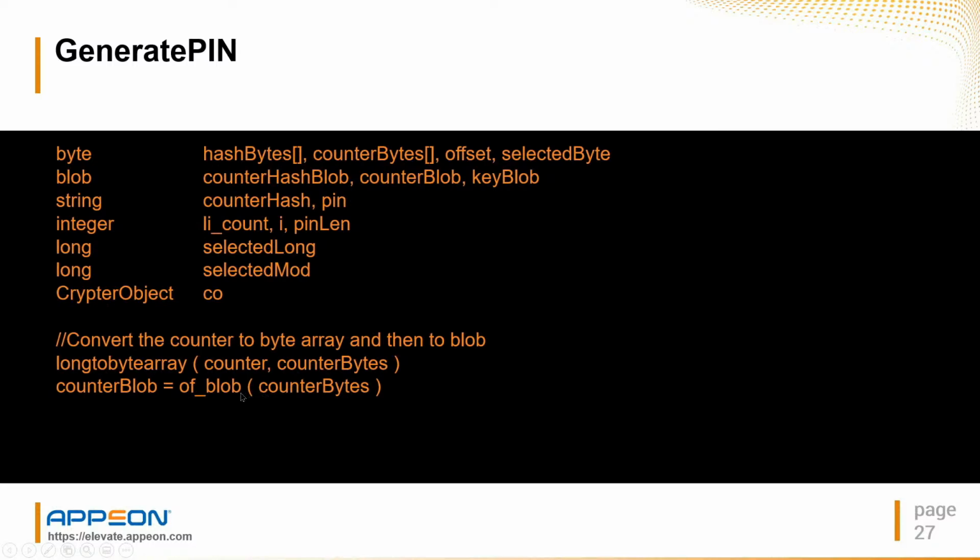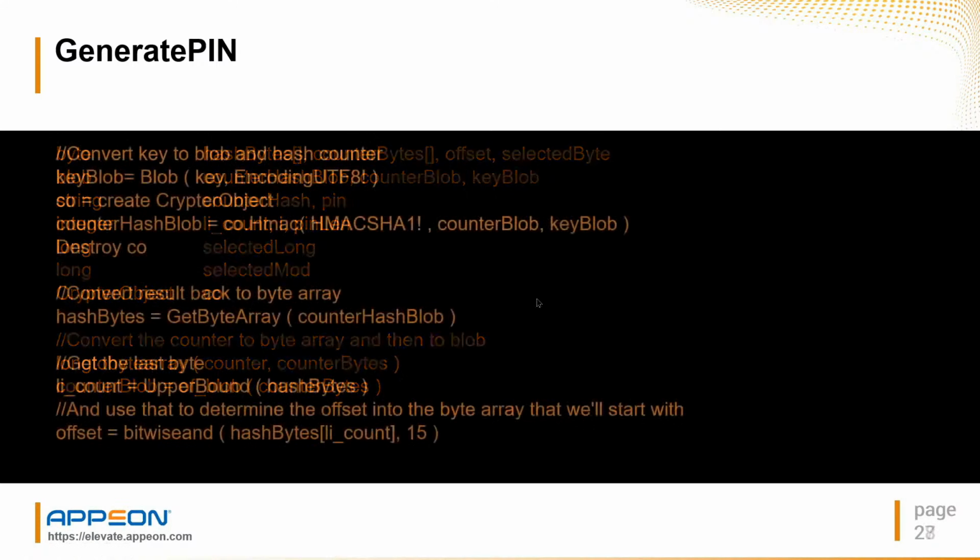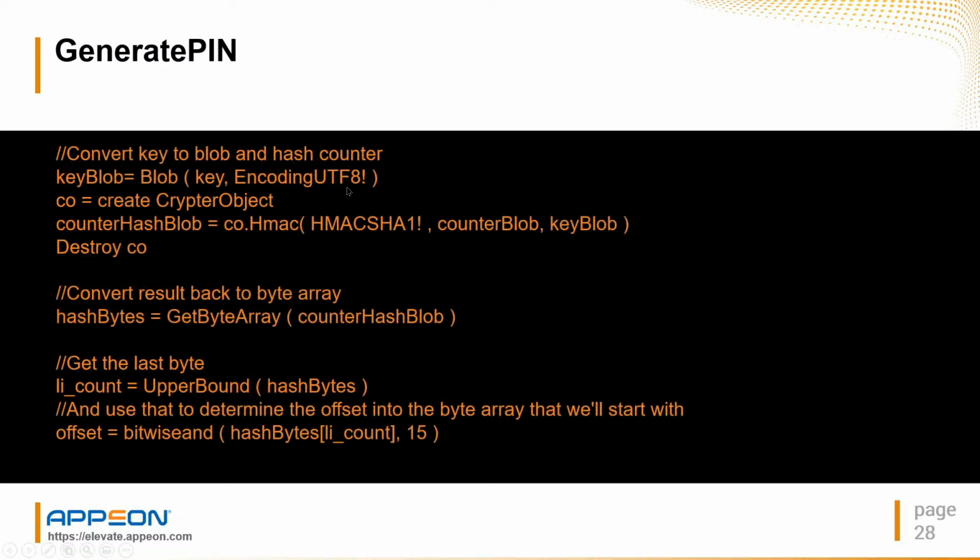Now, in earlier versions of this code, I was using the PowerScript blob function. For some reason, that works when it's working with bytes, but it apparently works a little bit differently in PowerServer than it does in PowerBuilder, and so we have a function now that does the conversion for us that works in both PowerBuilder and PowerServer, and that's shown a little bit later. That converts it into a blob. I'm going to take the key value and convert it into a blob.